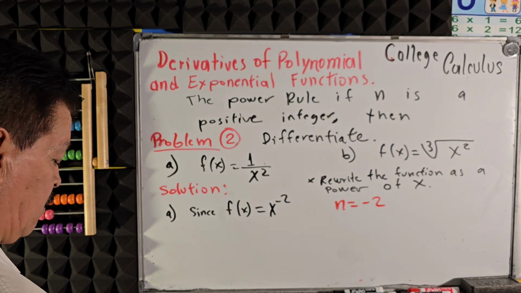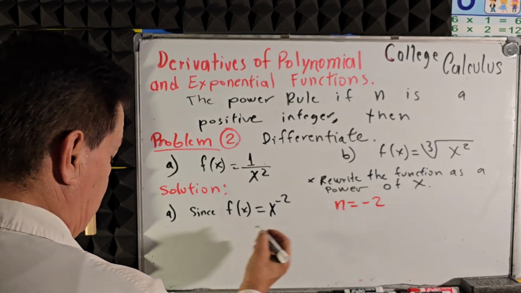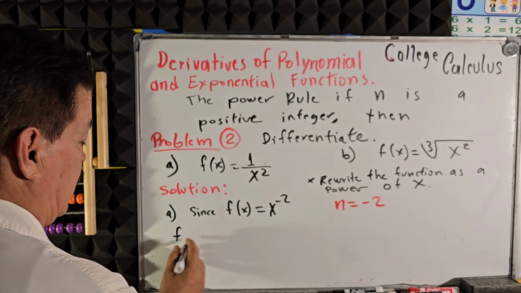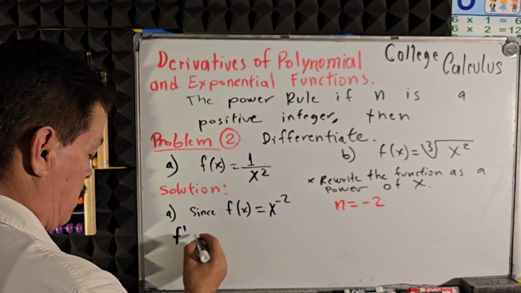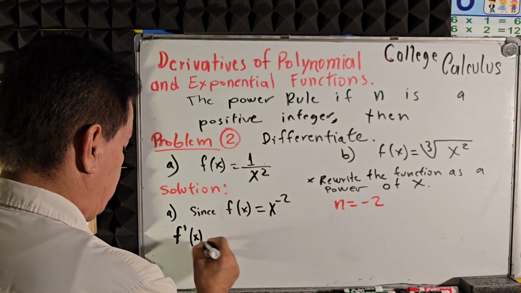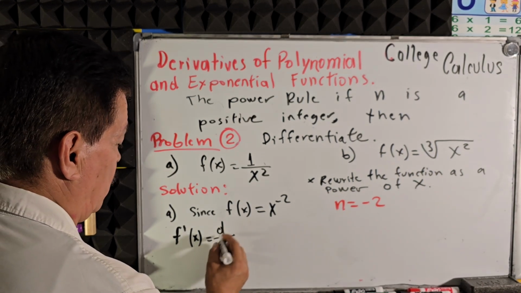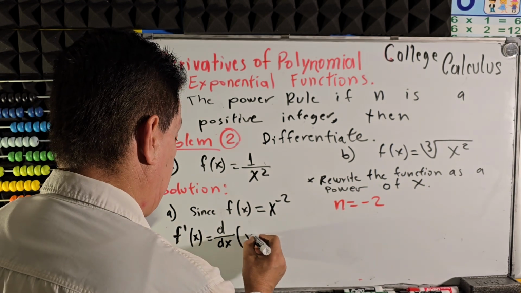Okay, so let's try the next problem. Remember, we have to write f prime of x equals d divided by dx of x to the negative 2 power. This equals 2x, right?